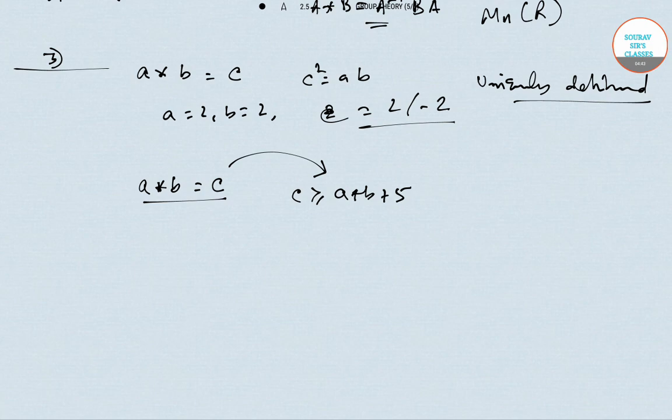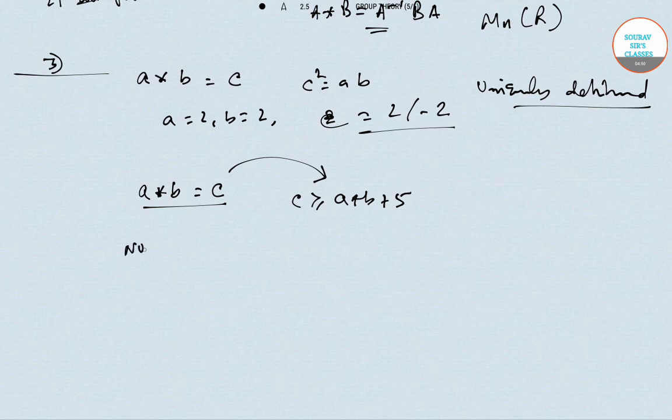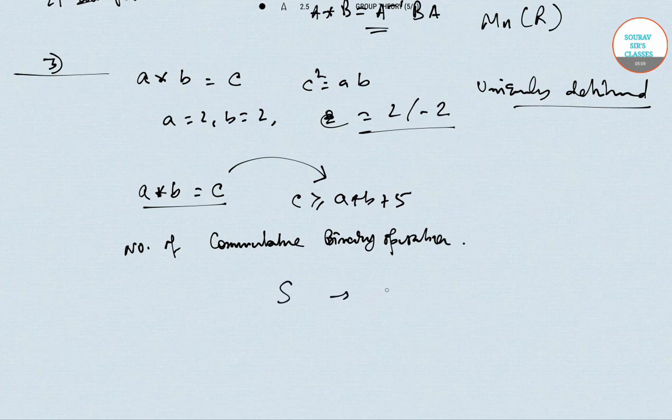Remember the number of commutative binary operations on a set, they may ask. Let S be a finite set, with cardinality finite, that is, equal to n. For commutative maps we require that PQ and QP must be mapped to the same value by the map.